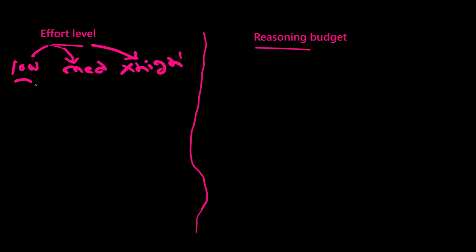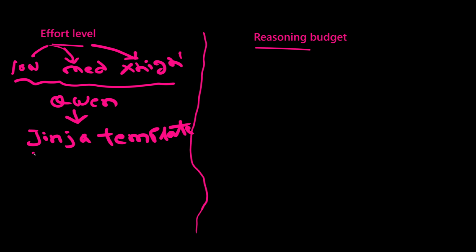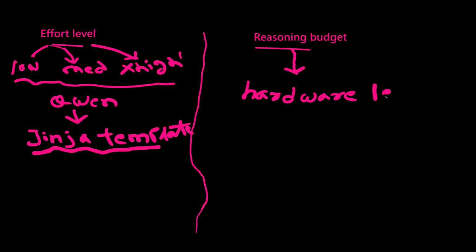First things first, they are entirely two different things. Effort levels like low, medium, or X high are set by the Qwen team. They use the Jinja template, which we talked about earlier, to guide the model's behavior. On the flip side, the reasoning budget is a hardware-level safety net managed by tools like Llama CPP or VLLM.